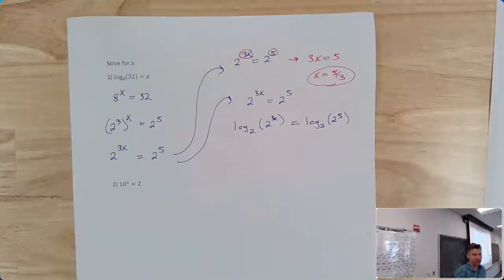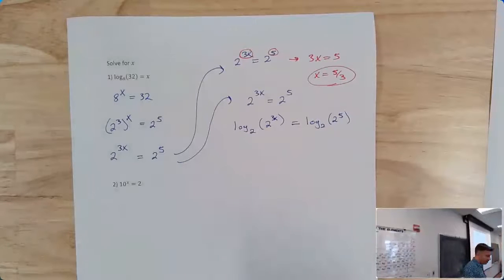So let me ask you all a question. I want to find log base 2 of 2 to the fifth. Or in other words, 2 to what power equals 2 to the fifth? What's it have to be? Has to be 5.